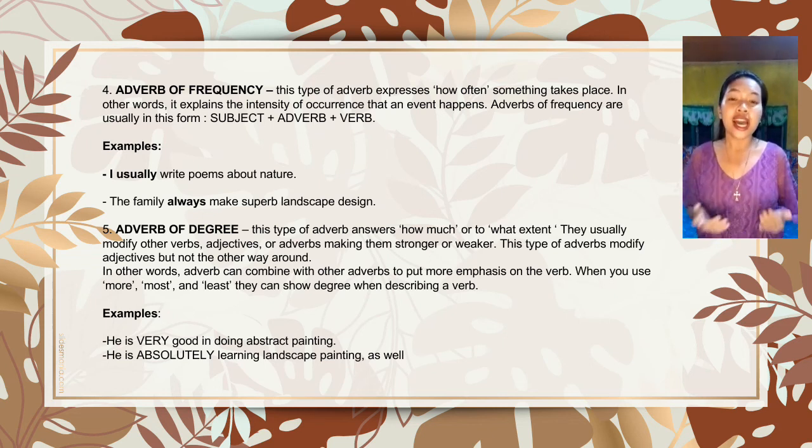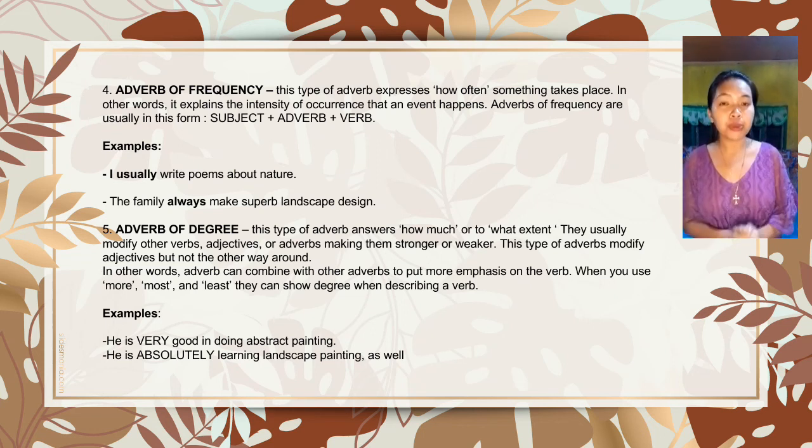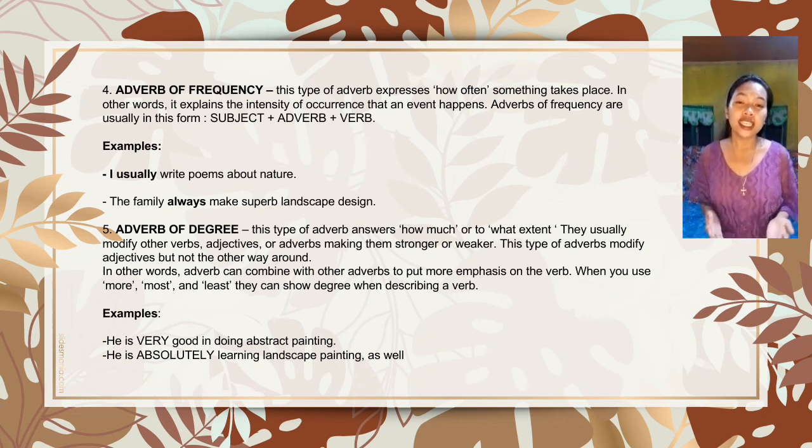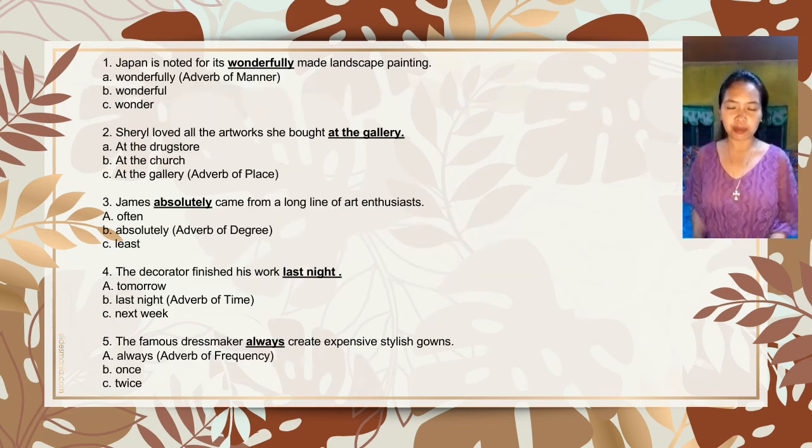In other words, an adverb can combine with other adverbs to put more emphasis on the verb. When you use more, most, and least, they can show degree when describing a verb. For examples, he is very good in doing abstract painting. Another one is, he is absolutely learning landscape painting as well.